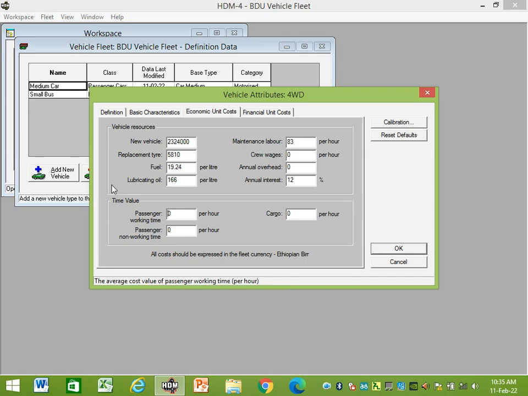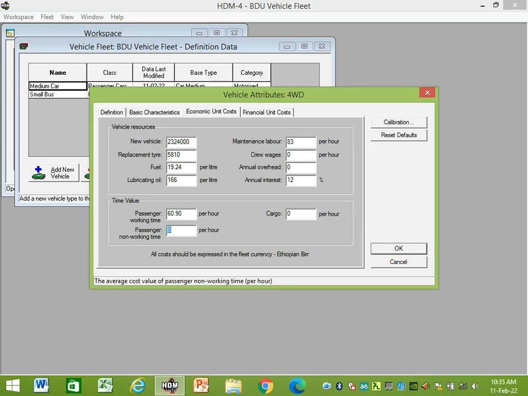How many? 60? 93.7, financial no. How about the economic? We're doing the economic. 60.9.